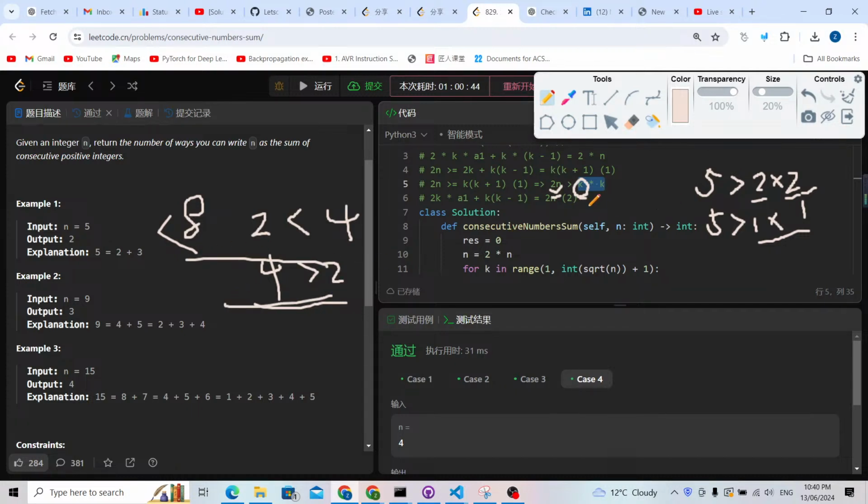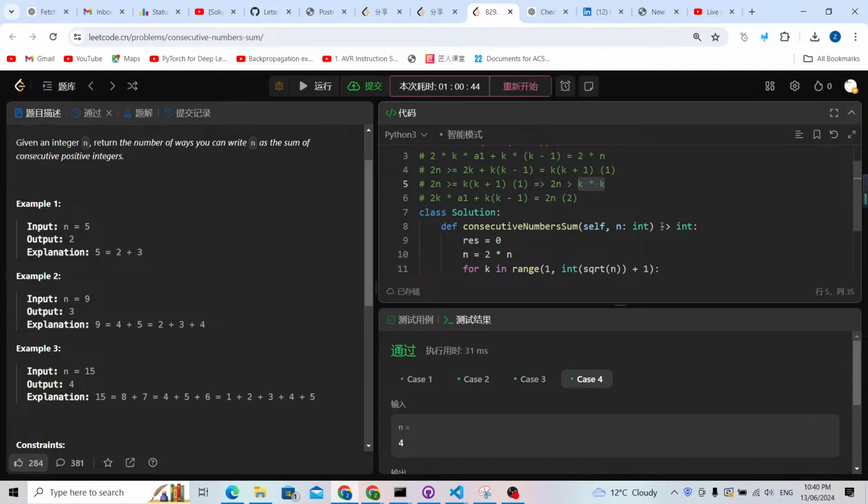Yeah. So if we can get something like that, basically we can directly solve it from the formula.